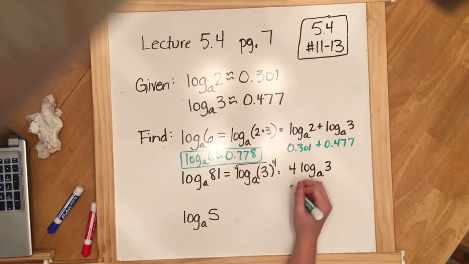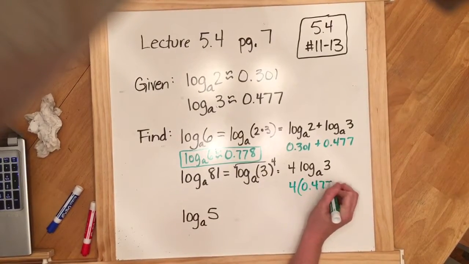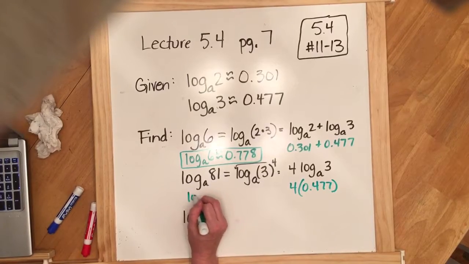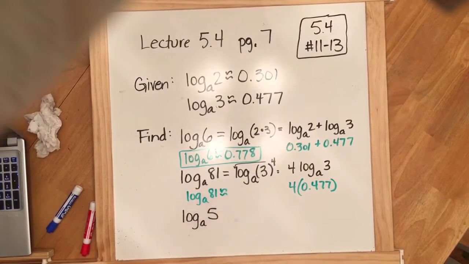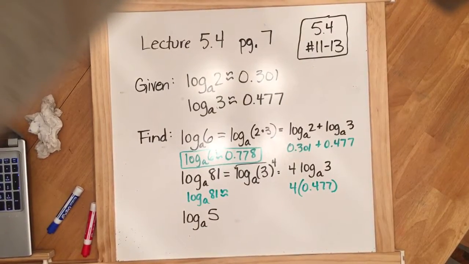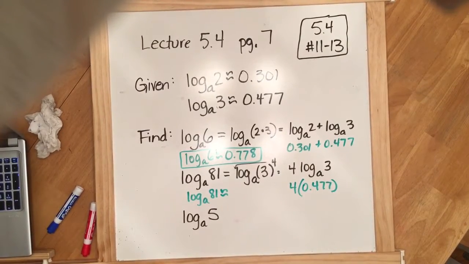And we know that that is 4 times 0.477. So log base A of 81 is approximately, I don't have my calculator on hand, so let me just calculate that real quick.